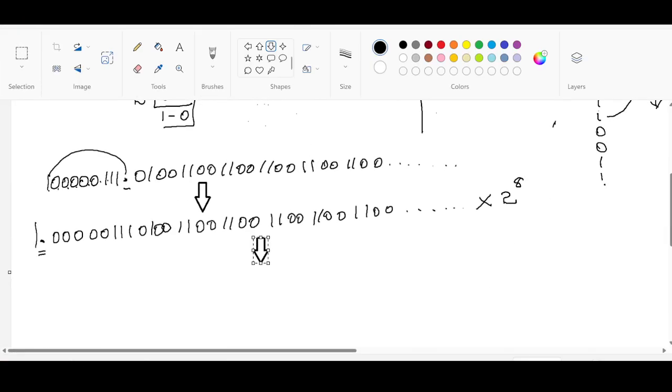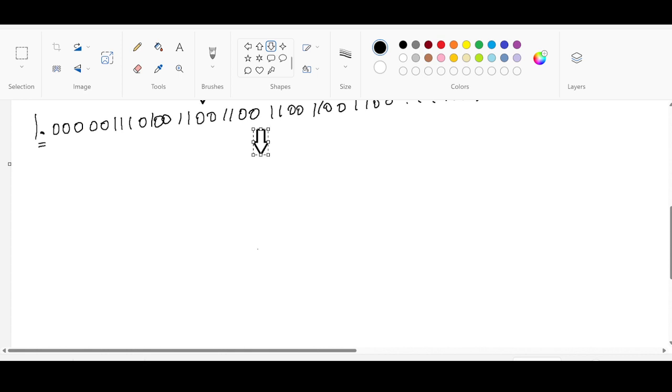So the IEEE 754 format suggests that, since it is a 32-bit number, the first bit is reserved for the sign, and the next 8 bits are reserved for the exponent value.